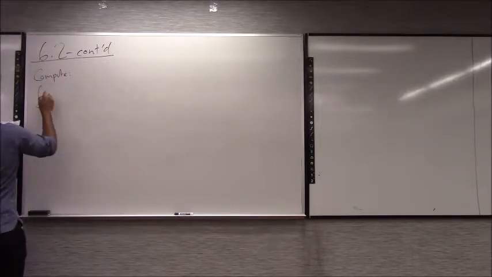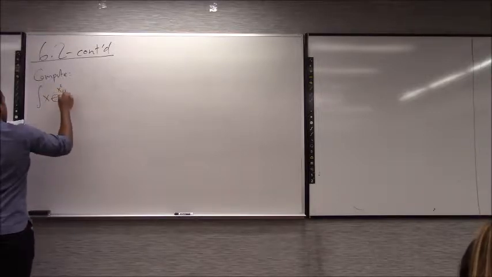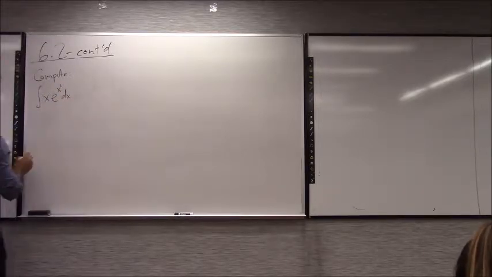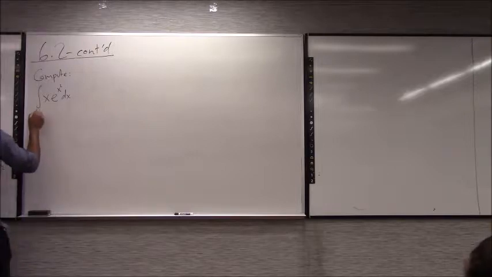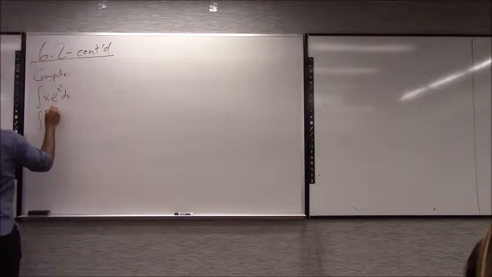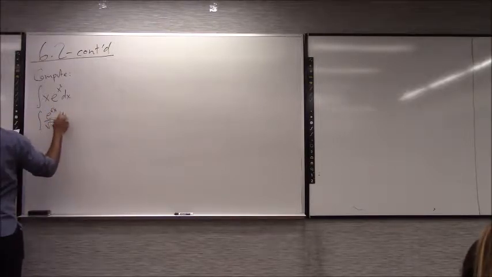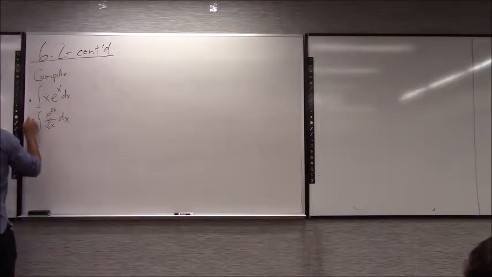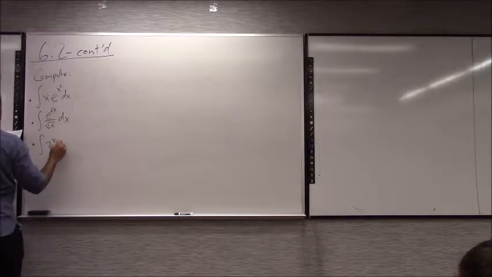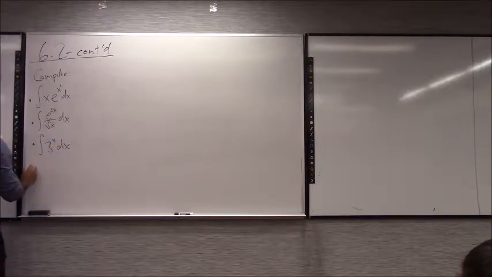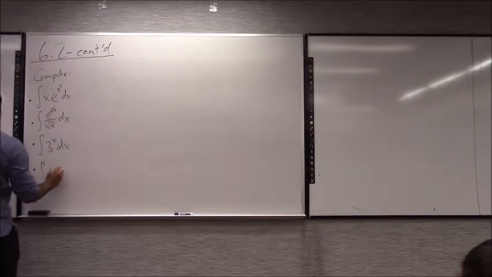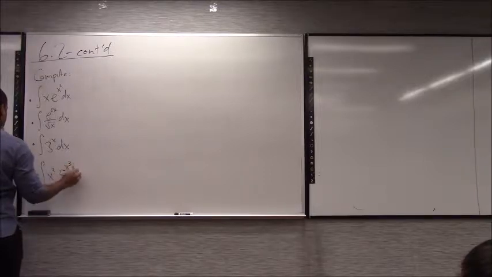That was the integral of x e to the x squared dx. The integral of e to the radical x over radical x. The integral of 3 to the x dx. x squared 5 to the x cubed plus 1.